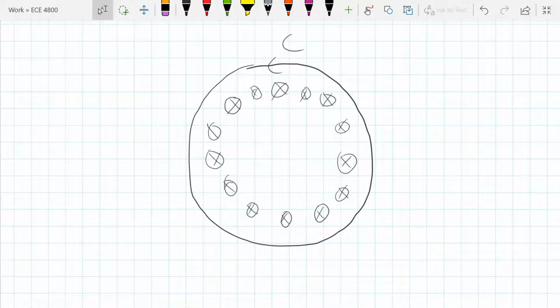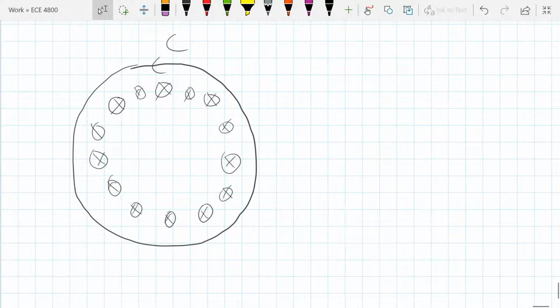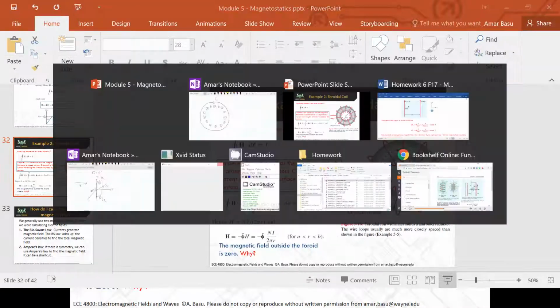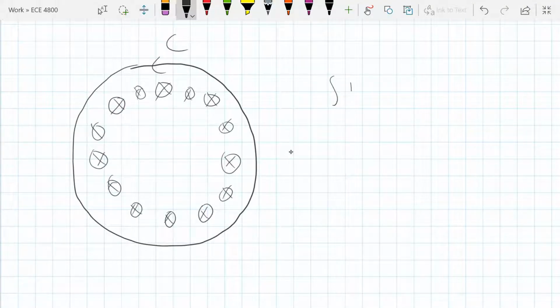Now when we apply Ampere's law, the integral of H dot dl is equal to the current going through the surface. The left side is the line integral of the magnetic field.